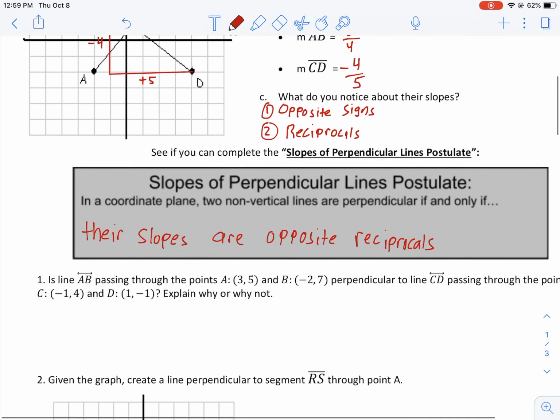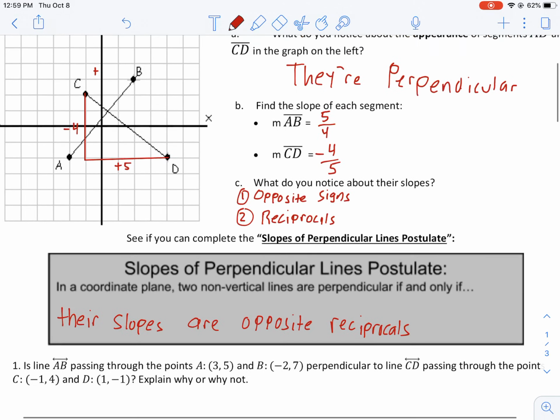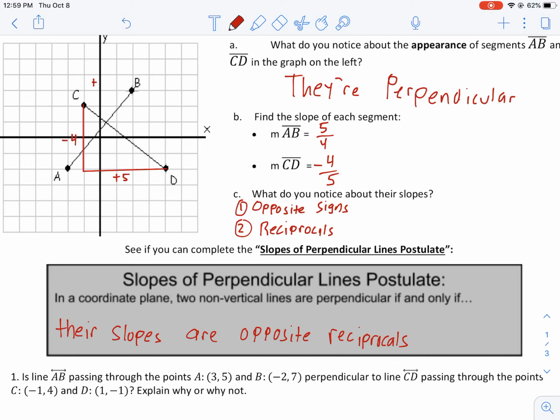Okay, that means they're flipped upside down and they're the opposite sign. So you got to remember both those things, all right? You got to change the sign and flip the fraction upside down, okay?